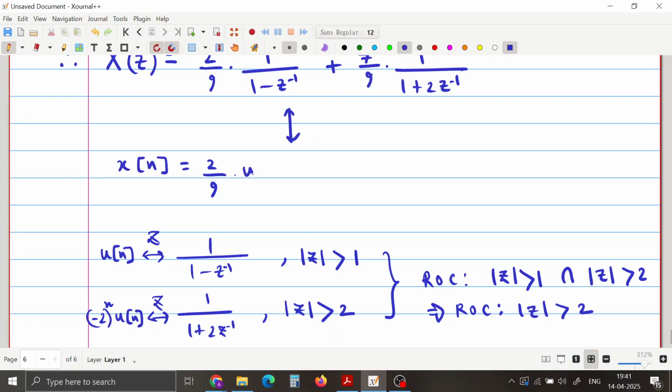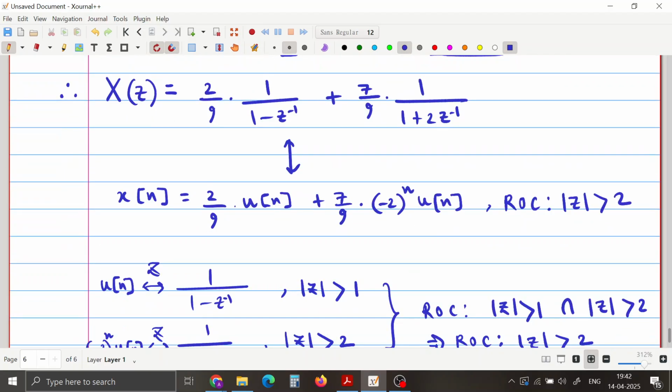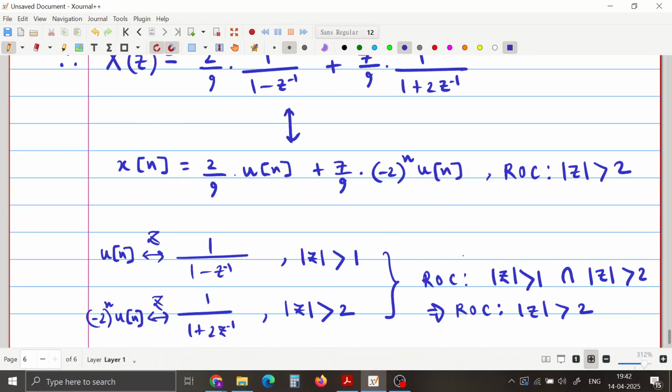So I have 2 by 9 u of n plus 7 by 9 into minus 2 to the power n into u of n, and my ROC is mod z greater than 2. Okay, so this is my final result.